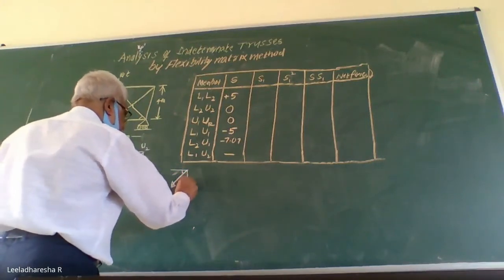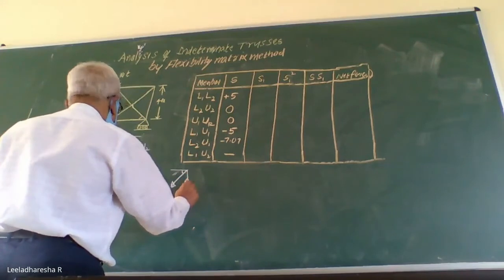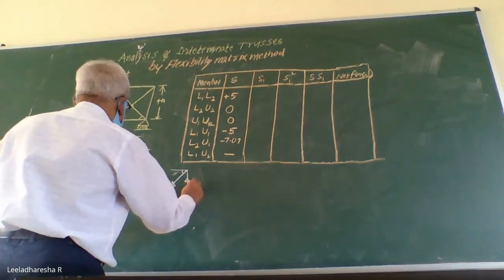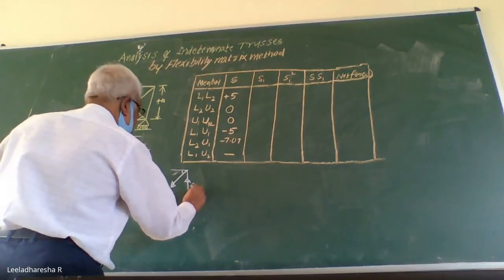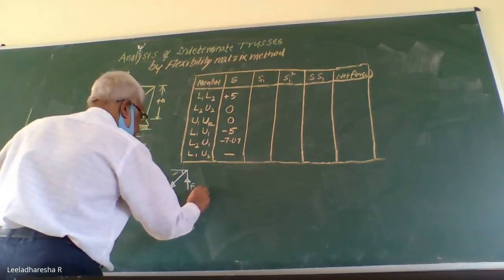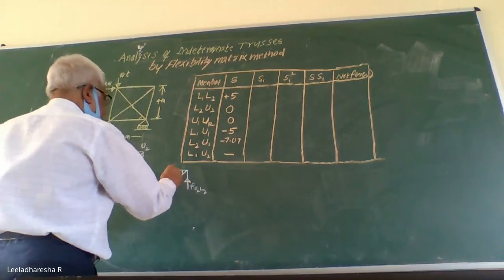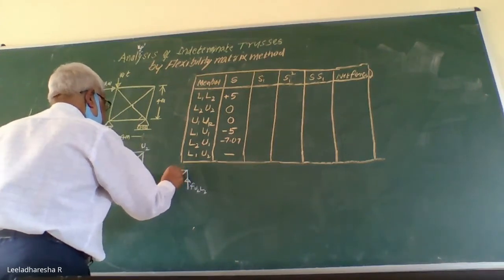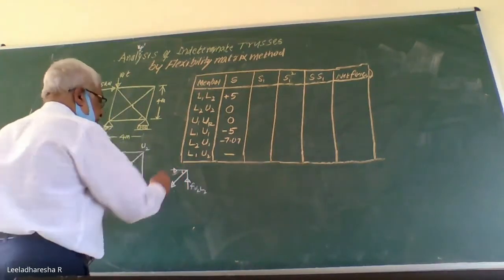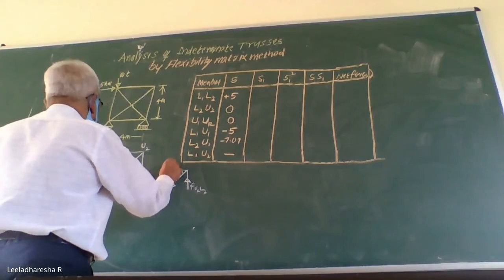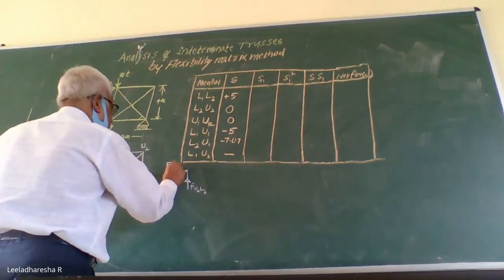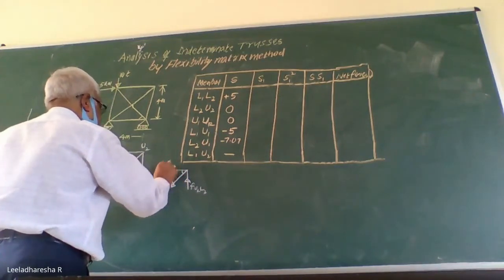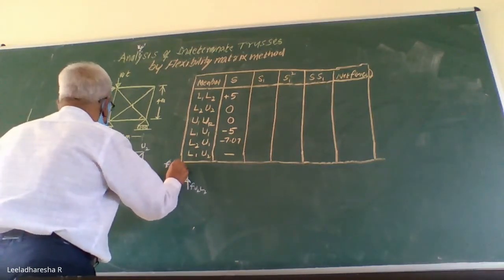So, I assume forces in this member as, say, small l U2 L2, and force in this member I assume this to be compression and this I call it as small l U2 U1.